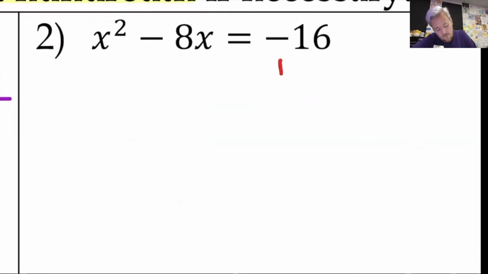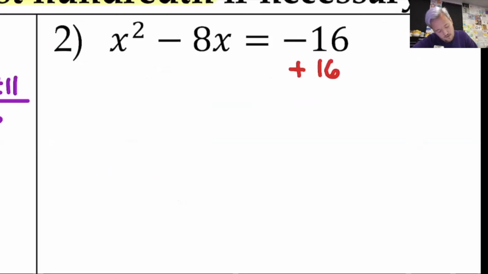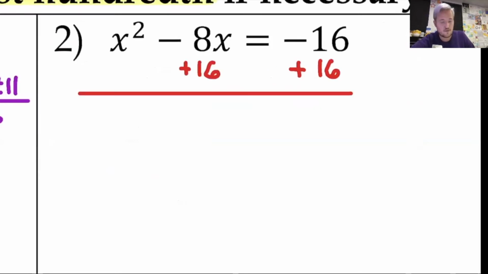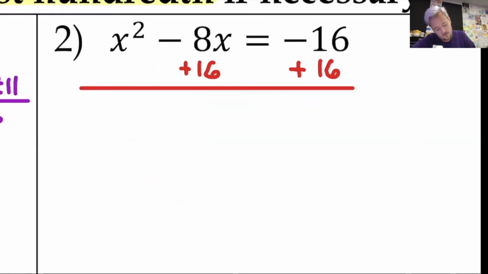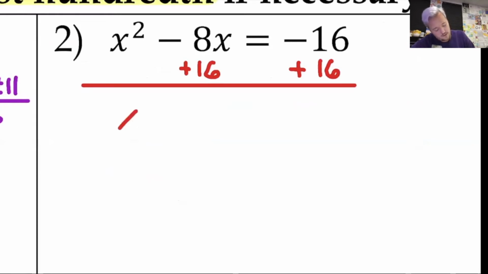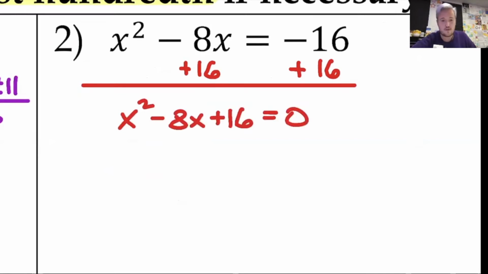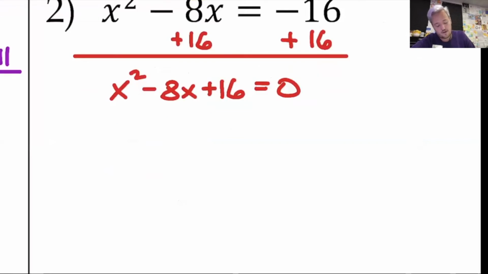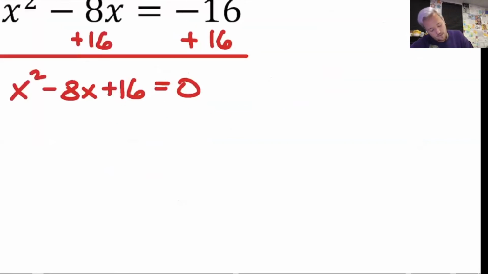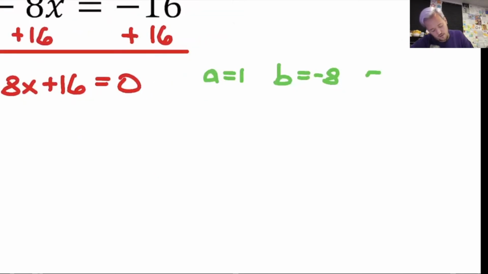I'm going to convert it by throwing over that 16 to the left side, because we want to set it equal to 0. So I'm going to have x squared minus 8x plus 16 equal to 0. So here, that's going to give us an a value of 1, a b value of -8, and a c value of 16.